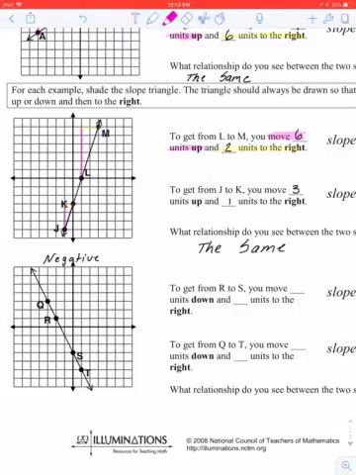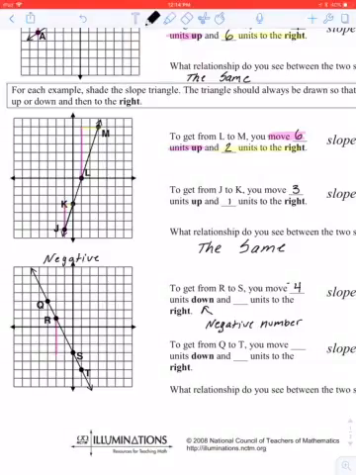So if we're going from left to right, we're going to fall down how many units? 1, 2, 3, 4, 5. Oh, too far. I want to go to S. 1, 2, 3, 4 units down. Now, because we're going 4 units down, that down tells us a negative number because down is in a negative direction.